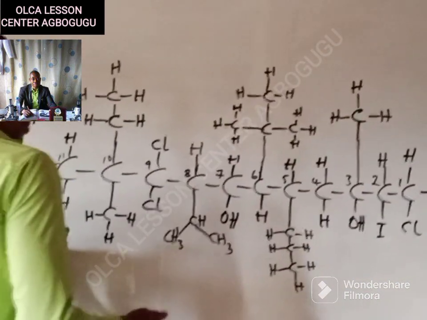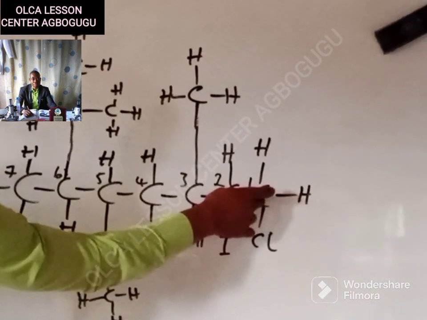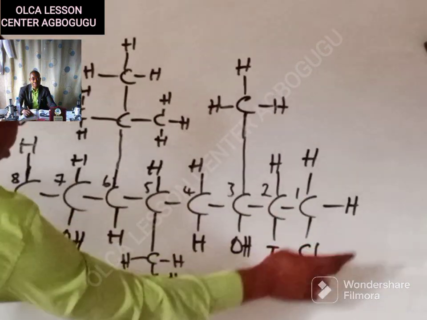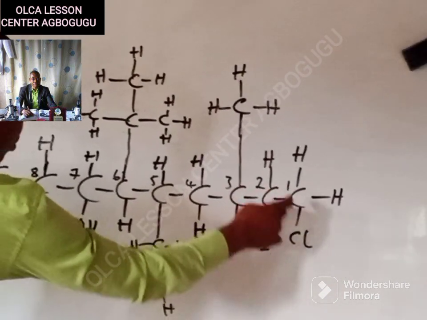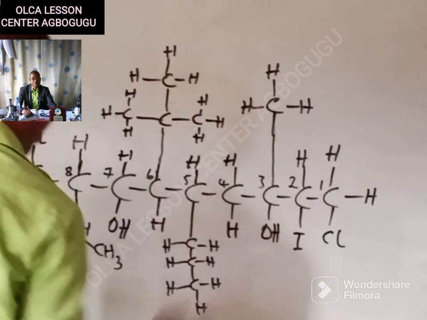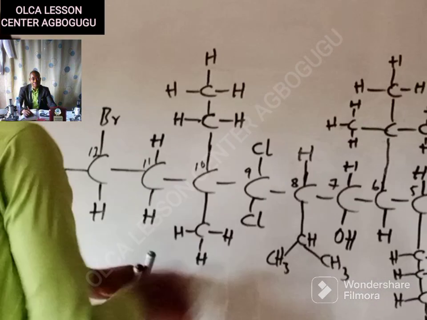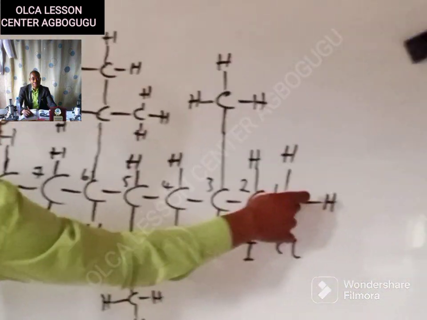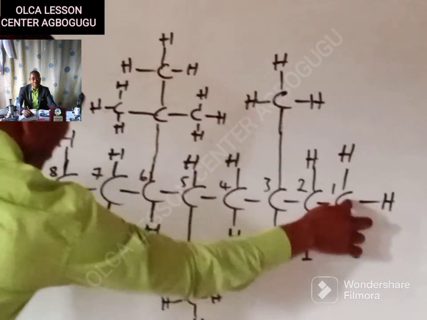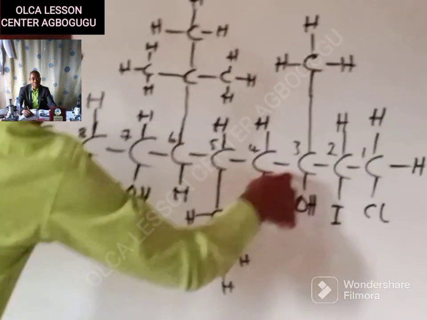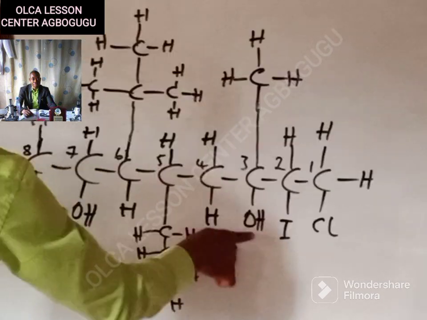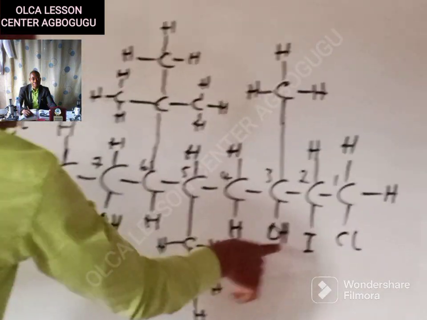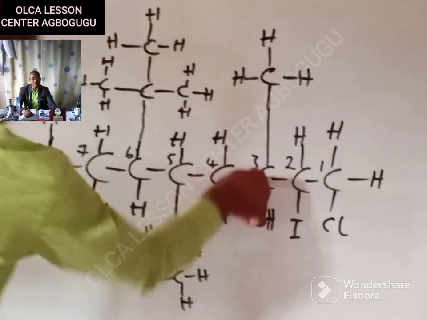Then we equally have other substituents. In this carbon, we have chlorine. In this carbon, we have iodine. But first of all, before we check other substituents, the numbering starts from the omega carbon because the omega carbon is very close to the alkanol functional group at this carbon here.